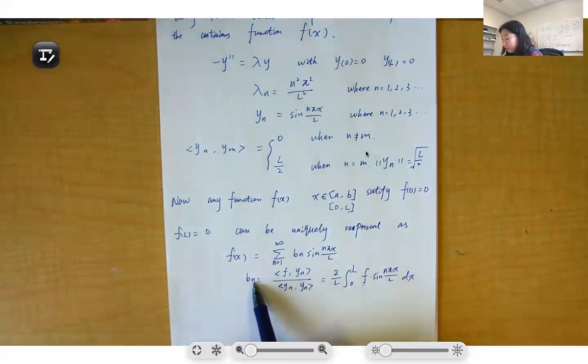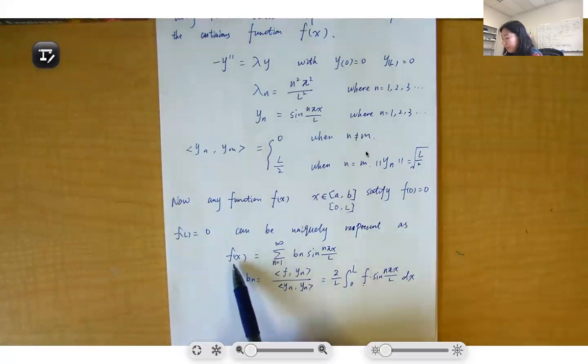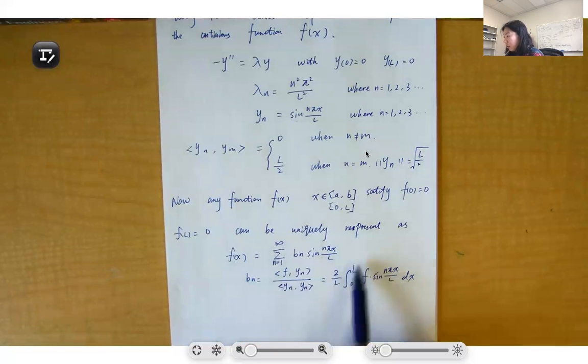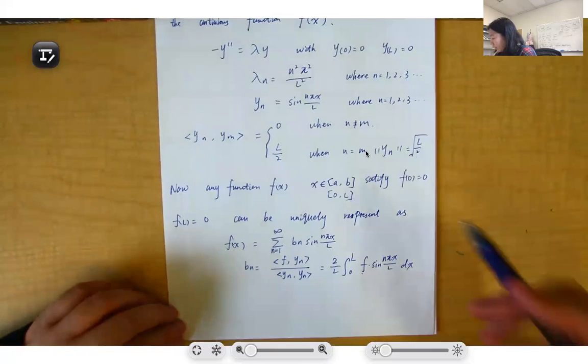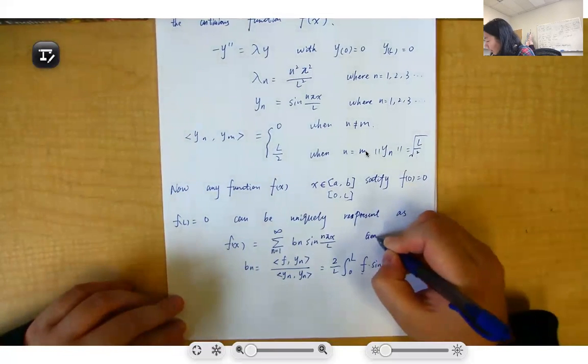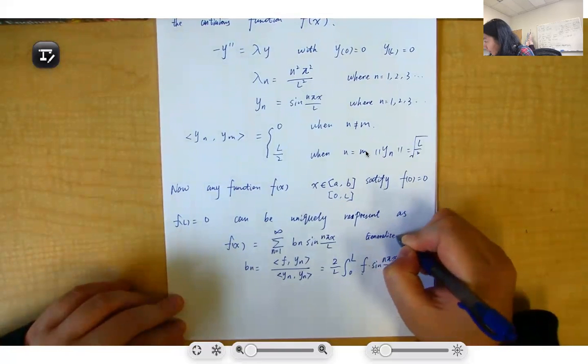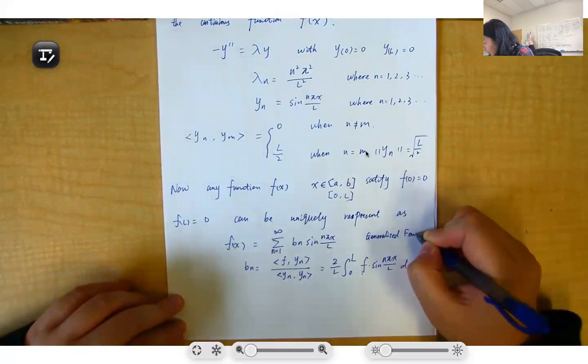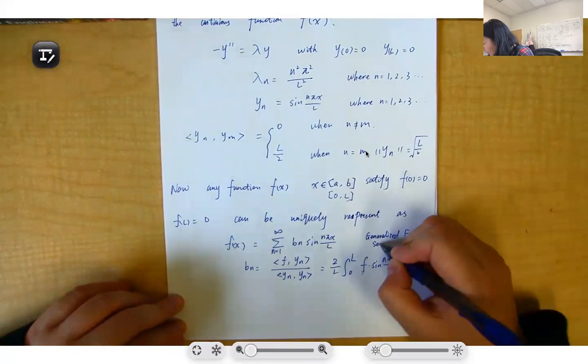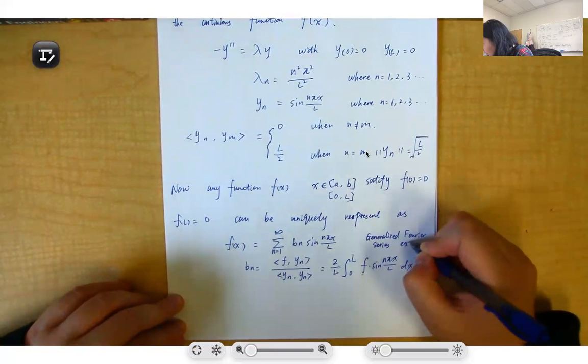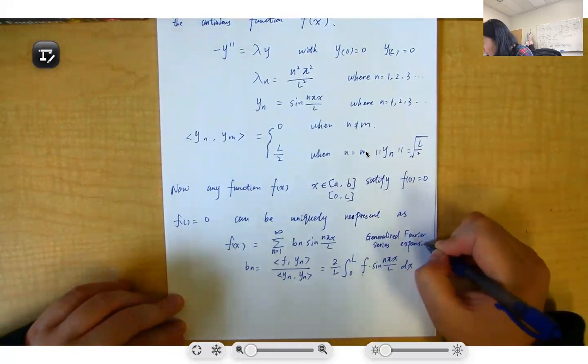Then you can correspondingly get your constant b_n here. And you can write this continuous function f(x) as an expansion of the generalized Fourier series. Okay. So this is the generalized Fourier series expansion.